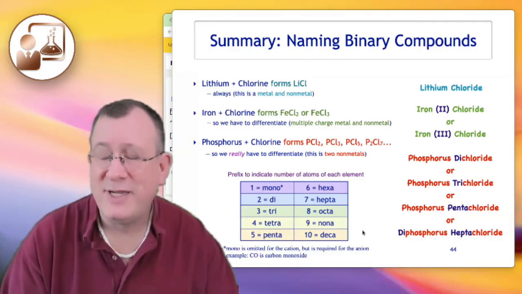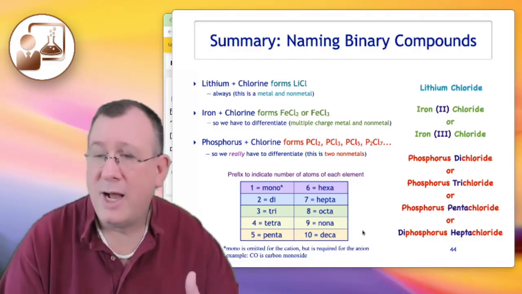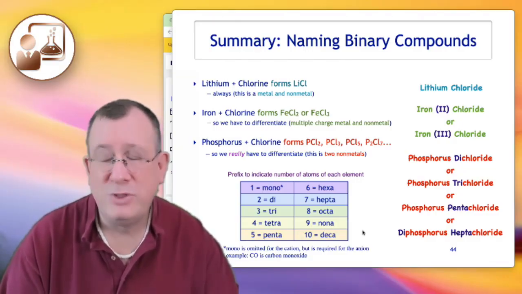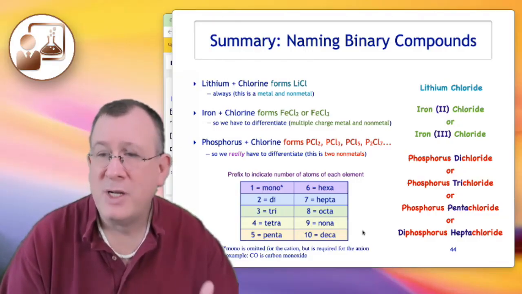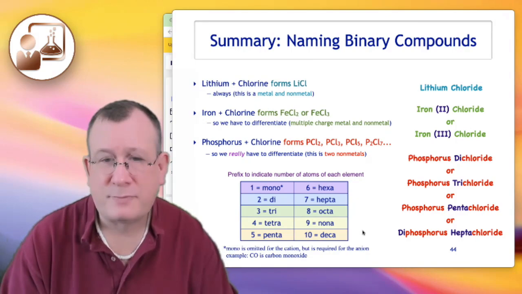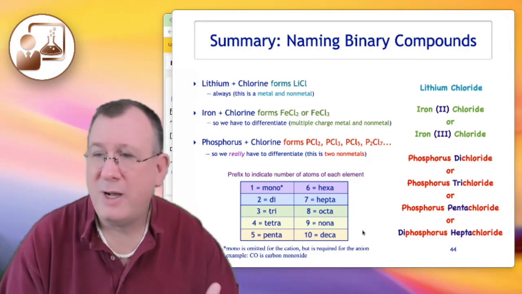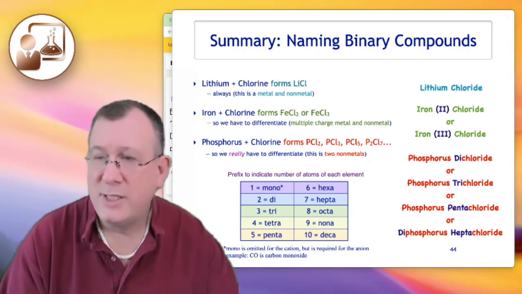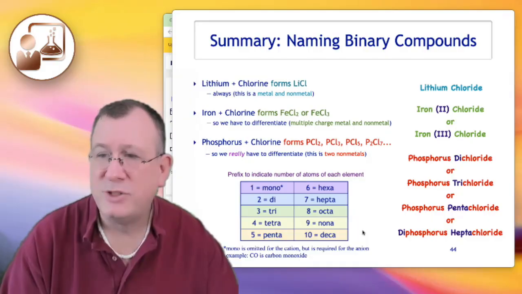A significant exception to that is with tri. Tri, you do not drop the I off of that. Triiodide has 2 I's in it. Trioxide has an I before an O. N2O is dinitrogen monoxide.